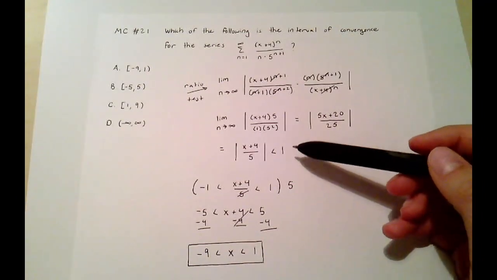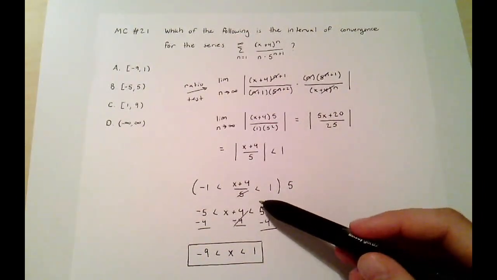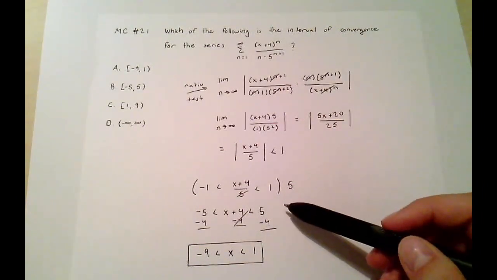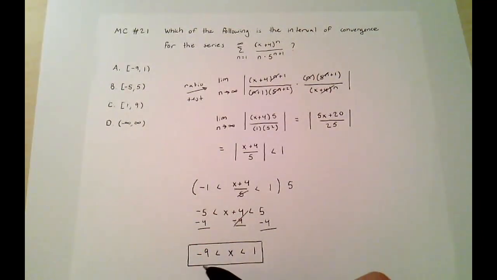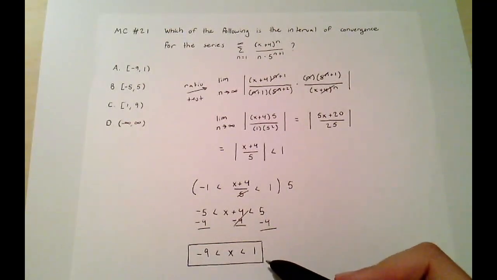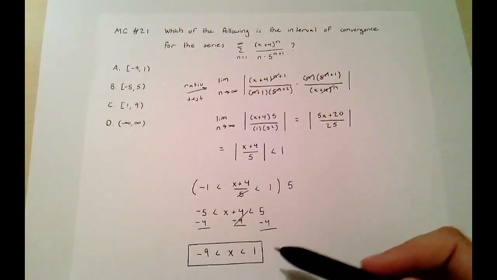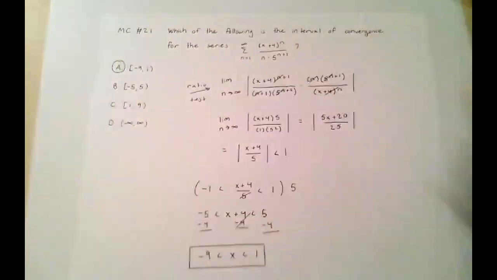To simplify, you multiplied both sides by 5 and then subtract 4. This gives you the interval of convergence from -9 to 1. Usually you would need to test the bounds for convergence to see if the endpoints are included, but since it is a multiple choice question, there is only one possible answer, which is A, -9 to 1.